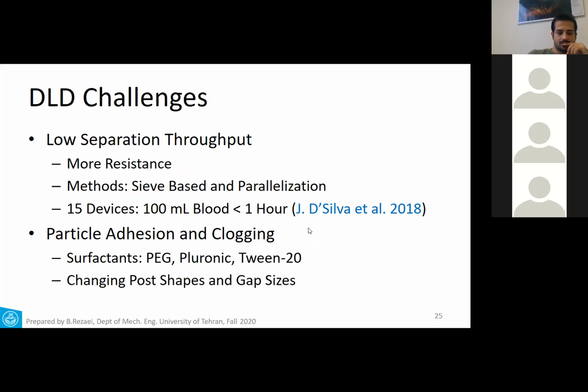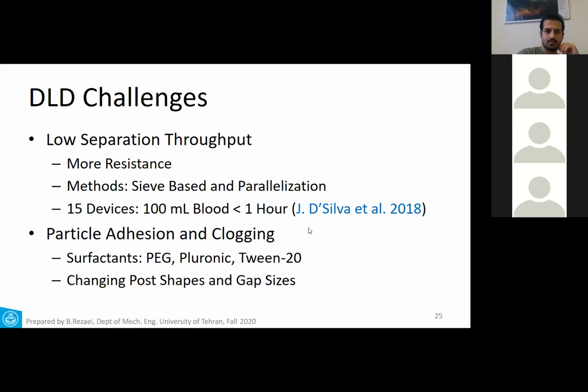So they have done some kind of trials for improving that. For example, they've changed to post-shaped sieve-based ones, and they have done some kind of parallelization. For example, Mr. Da Silva parallelized 15 devices, so he could process 100 milliliters of blood in less than an hour.